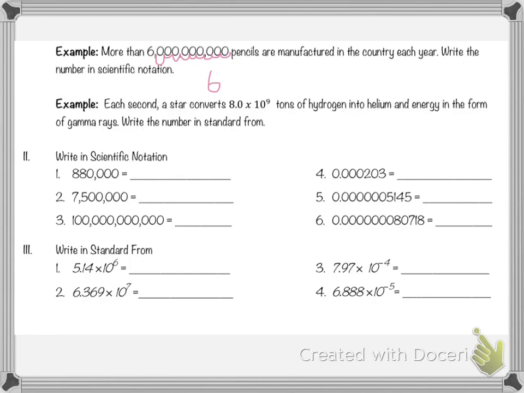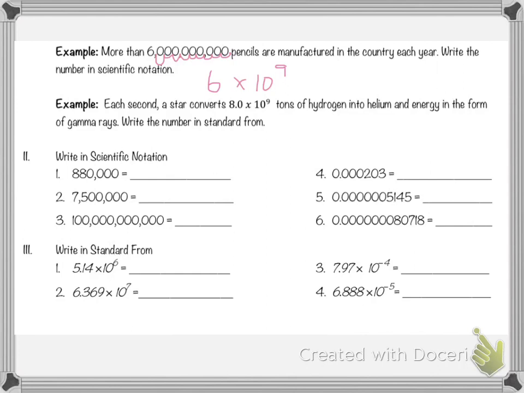So my number is going to be 6 times 10 raised to the, I counted 9 places, and I'm going to the left. When I move that decimal place to the left, you add to your exponent. So that is a positive exponent, so it's going to be a positive 9.